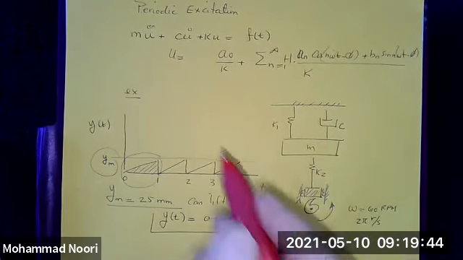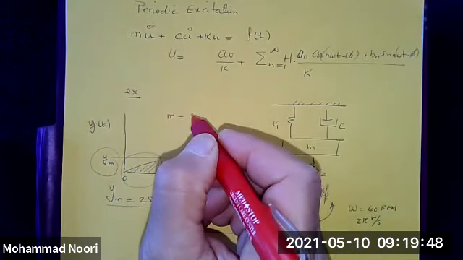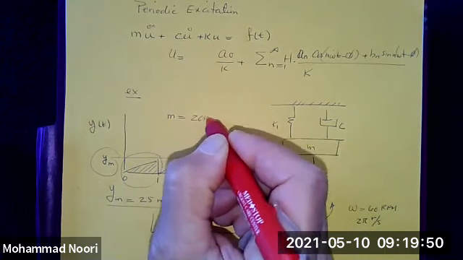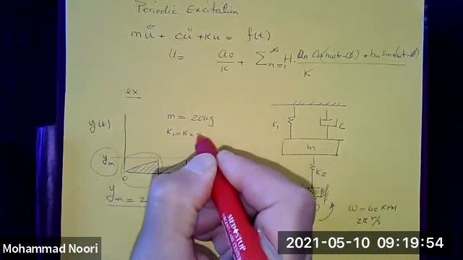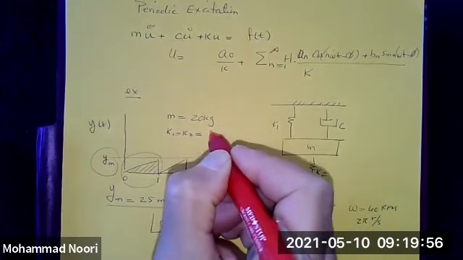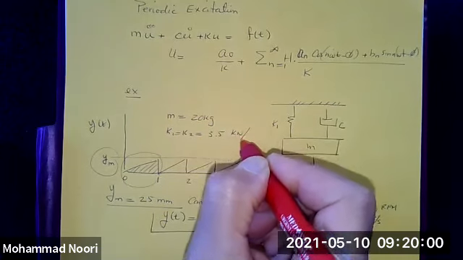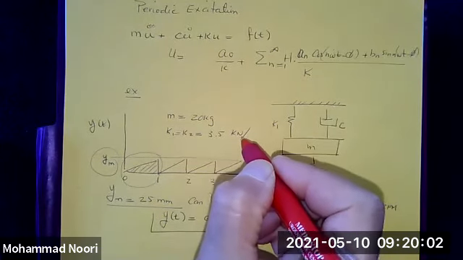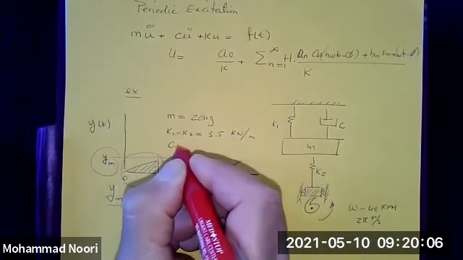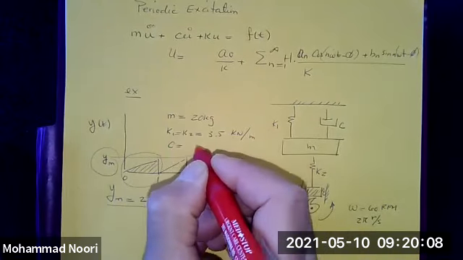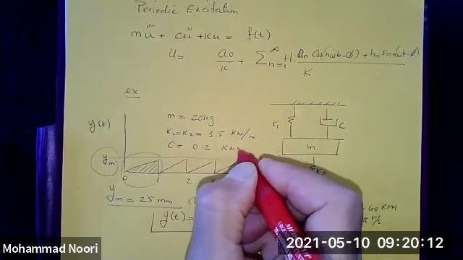The magnitude of the mass is given, fortunately all in metric: 20 kilogram. K1 and K2 are equal, each 3.5 kilonewton per meter, and the damping coefficient is 0.2 kilonewton second per meter.